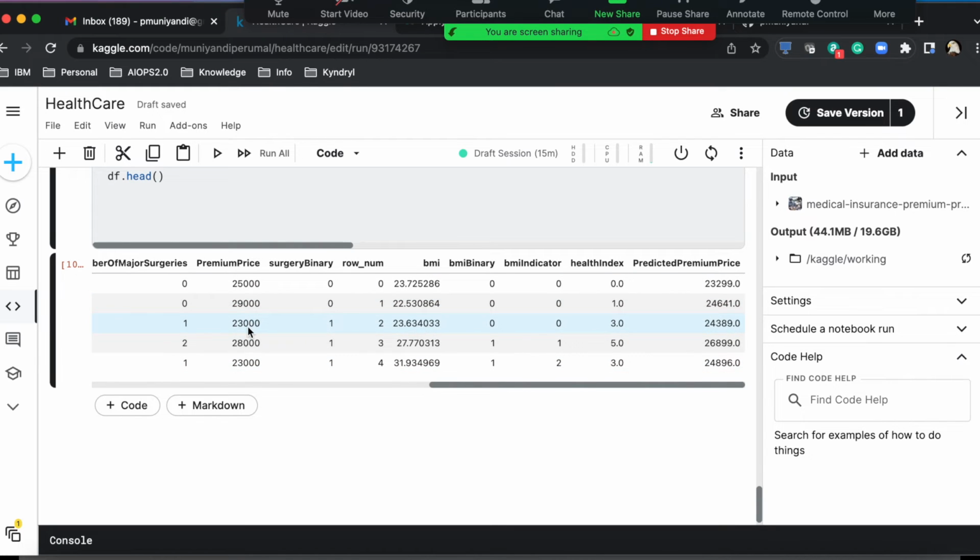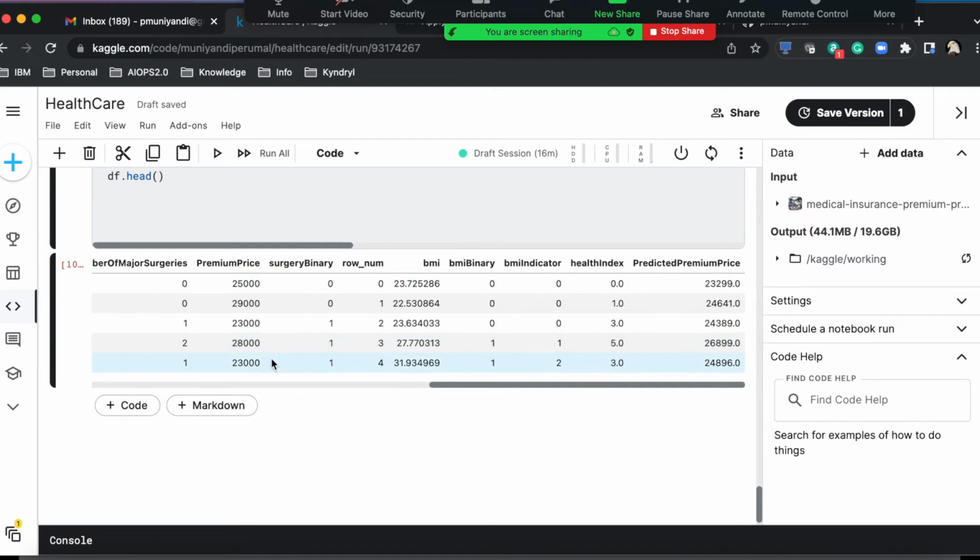Here's the 23,000, but he is supposed to pay 24,000. But here the customer might be more demanding. See, he has a health index of 3. Still he paid only 23,000. It means this customer is more demanding and reduced the price. Something like that. So this is a predicted price based on my data set.